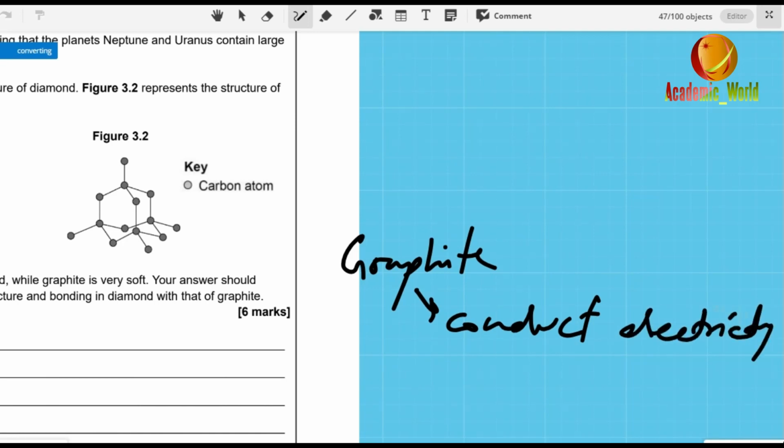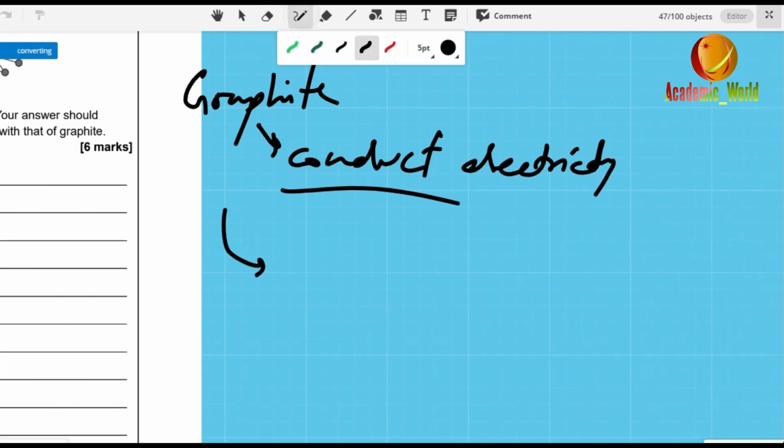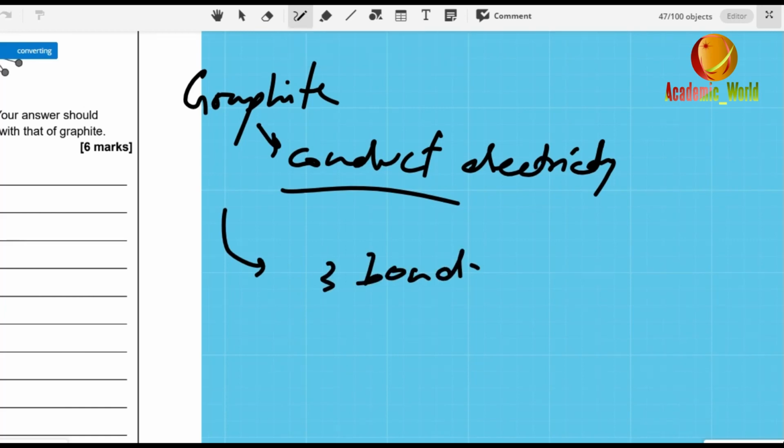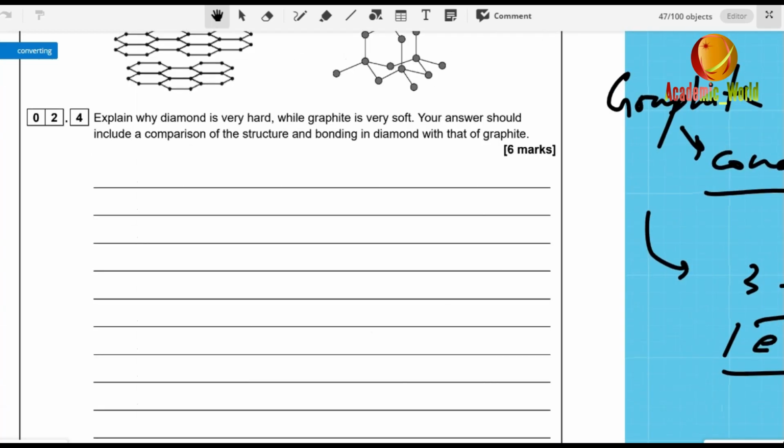Although you know that graphite contains covalent bonds, graphite conducts electricity because of the presence of delocalized electrons, because graphite only makes 3 bonds instead of 4. So it means one electron is present as delocalized. These electrons will help to conduct electricity.